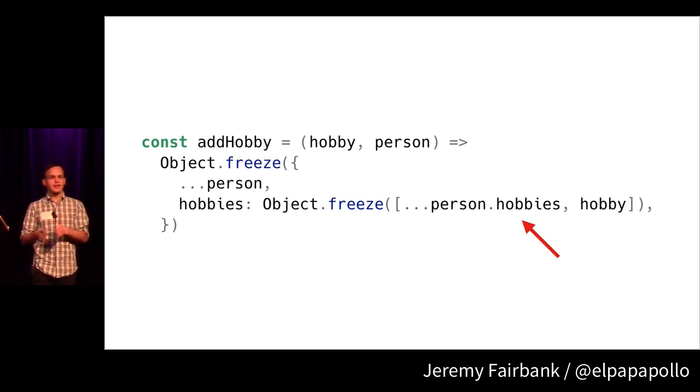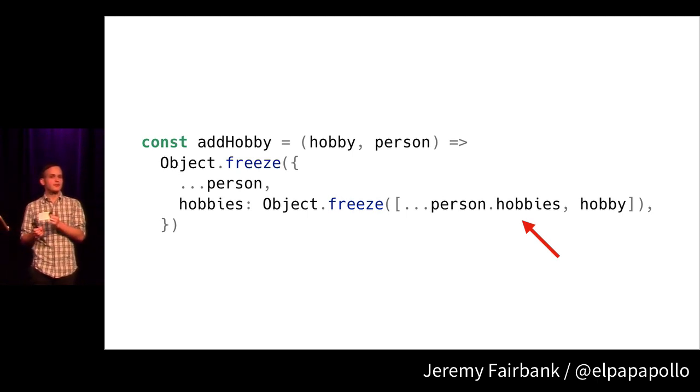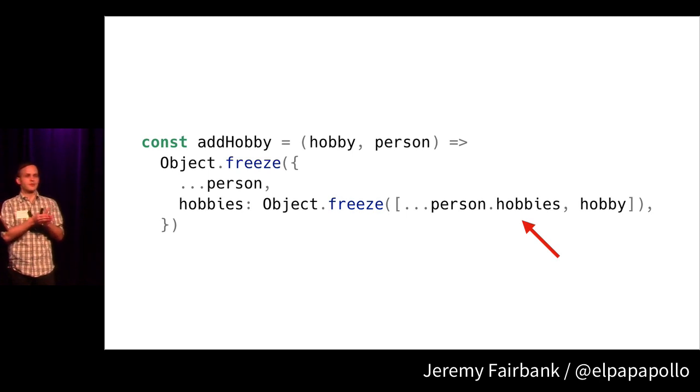And then I can provide any changes I want to make here. So in this case, I'm saying copy the person and then provide a new array of hobbies. I'm going to again use that spread operator with the array to copy all the old values from the original array and then add in the new hobby at the end of this array. And again, I'm going to freeze this to make sure it stays immutable.